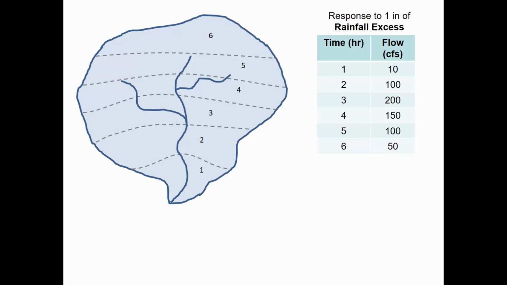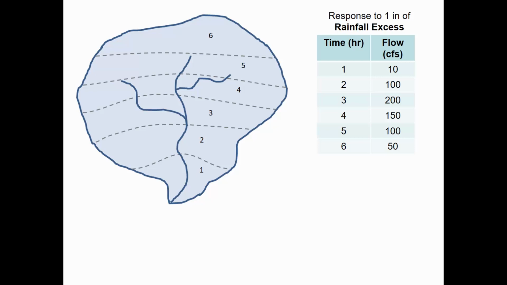Now, this watershed, I've divided it up into bands. Area 1, which is divided by this dashed gray line, all of the water that falls in Area 1 will get to the outlet within 1 hour. So these are essentially travel time zones.